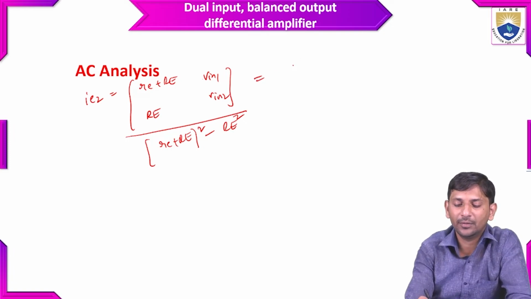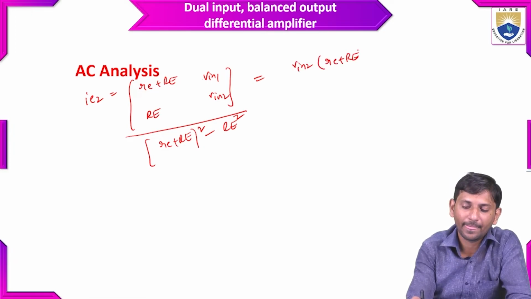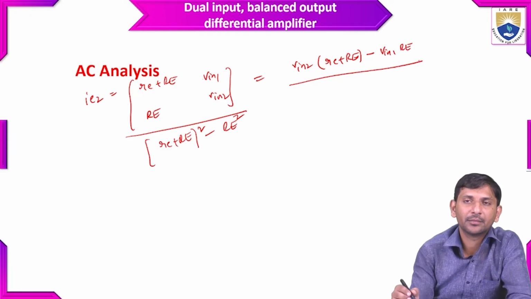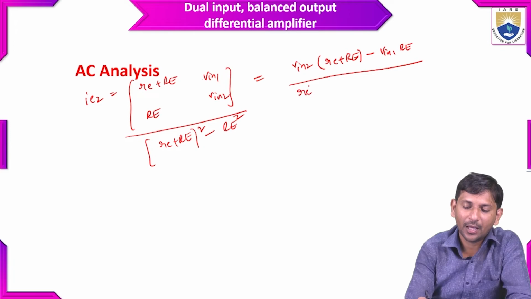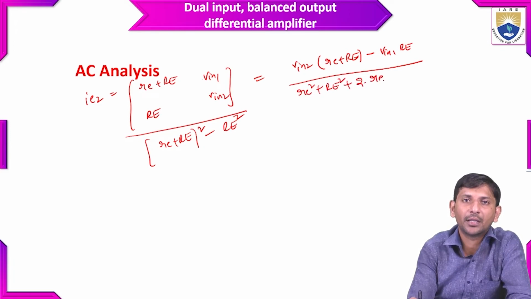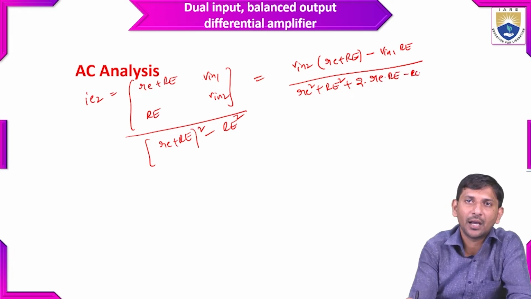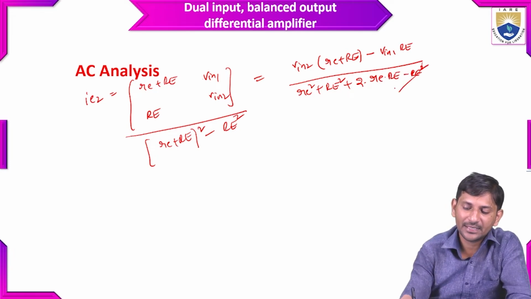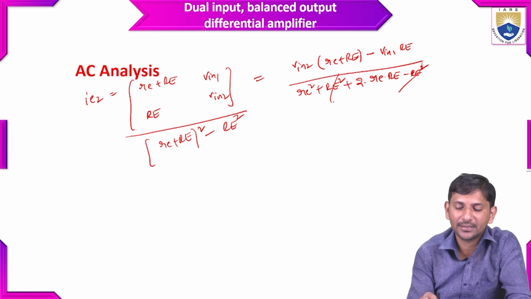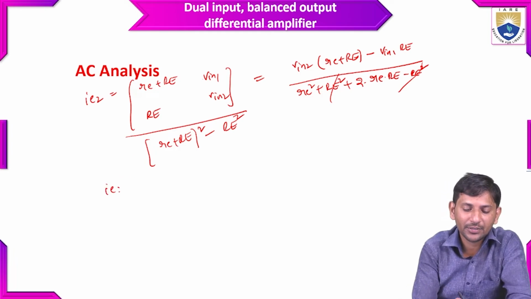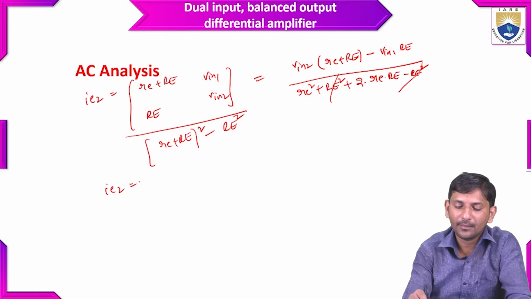So if you multiply Vin2 into (RE plus RE) minus Vin1 into RE, divided by, expanding this, RE square plus RE square plus 2 RE RE minus RE square. So plus RE square minus RE square will be cancelled. In a similar way, IE2 can be expressed here.